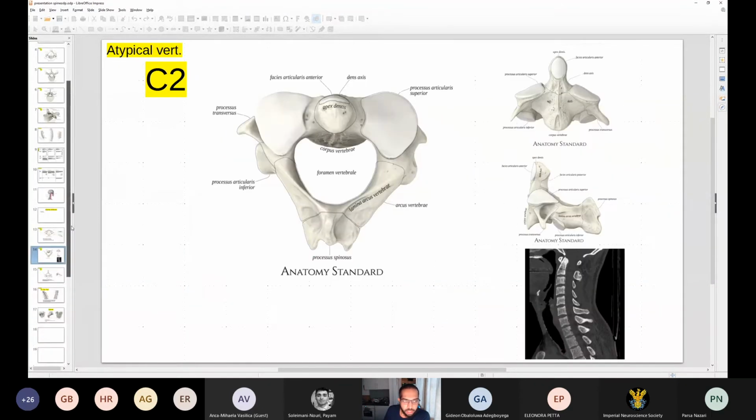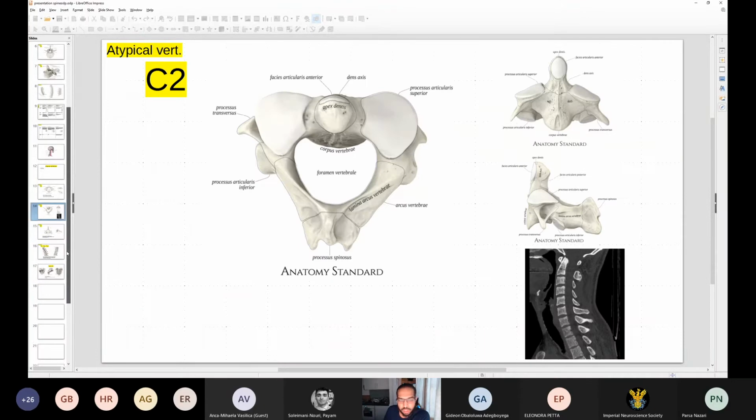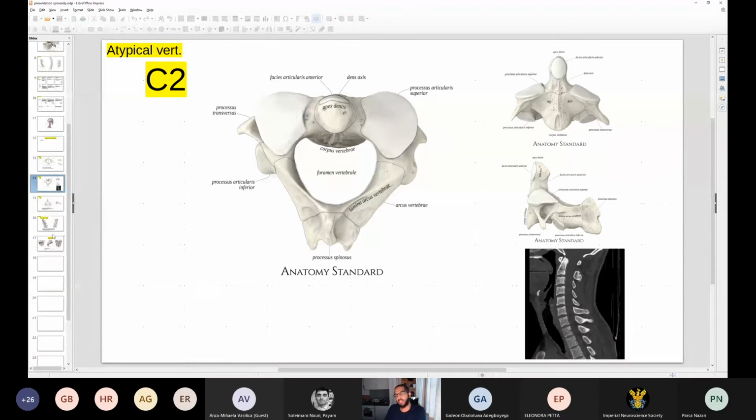So next is the C2 vertebra, which is also an atypical vertebra, and it's called the axis. However, maybe the most important feature of the axis, C2, is the dens or the odontoid process. If you look here, this is a coronal view.